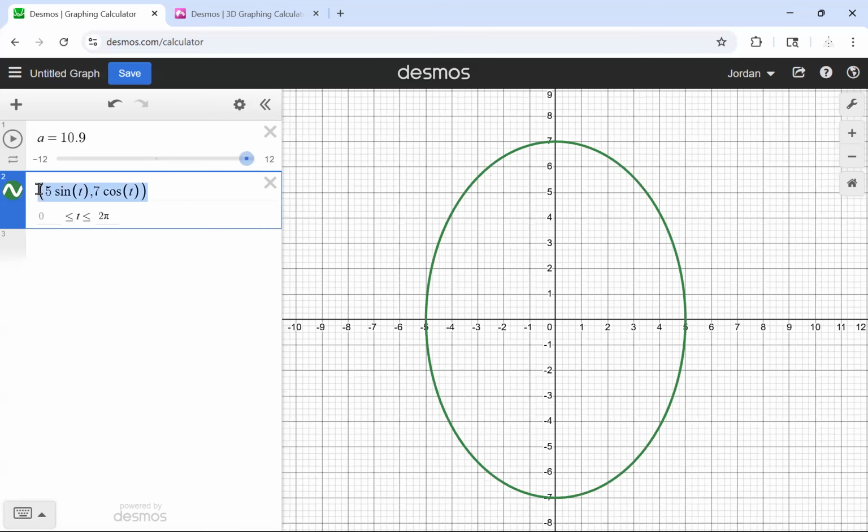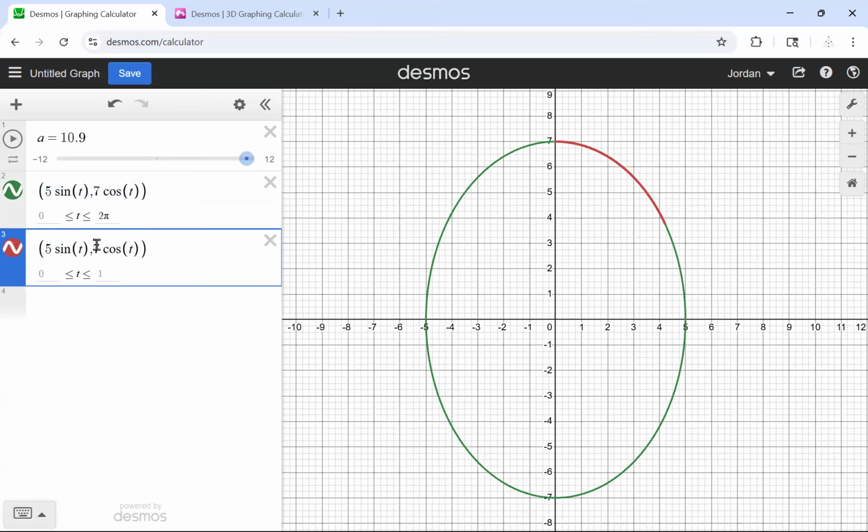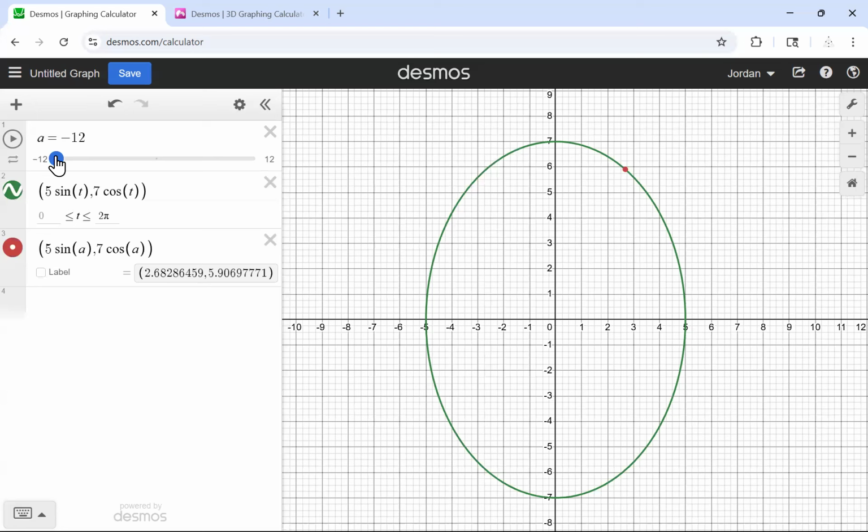And then what I like to do is copy that and paste that and change the t to an a, again having this slider of a still exist. And then I use the slider of a to say, notice that as a increases, the point is moving around the curve in a clockwise direction in this case.